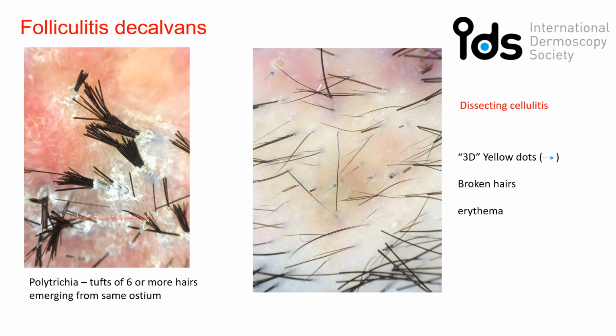We have hairless patches that actually can mimic alopecia areata at the beginning. They present with these 3D yellow dots, which are quite larger and keratotic, some broken hairs and erythema.